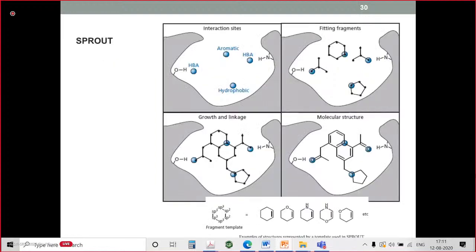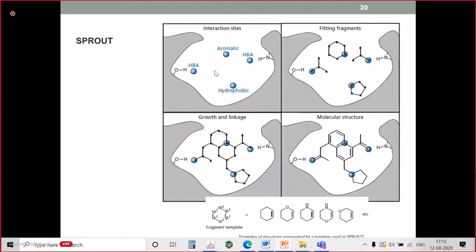Then another program is this Sprout. This program is also based on the same fragment-based drug design. So this is based on the link and grow approach. But here initially fragments are not being fitted. Initially all possible interactions are identified, and a sphere nearly the same size as the particular atom is placed there.